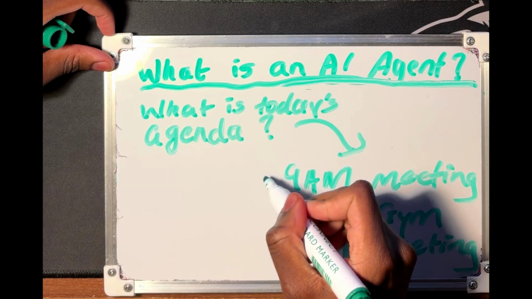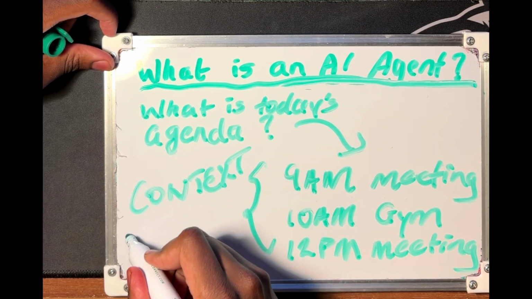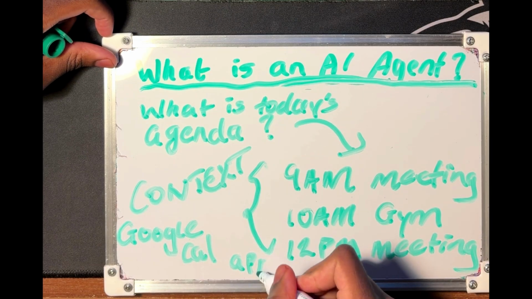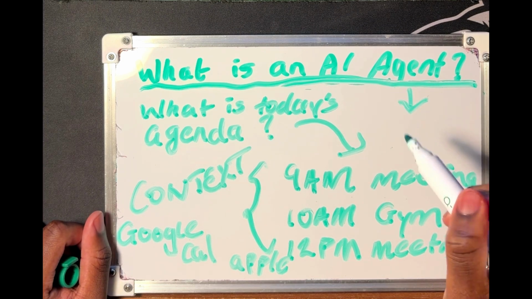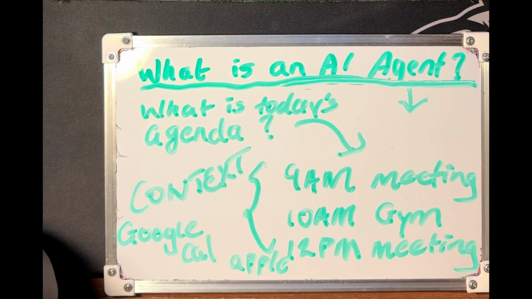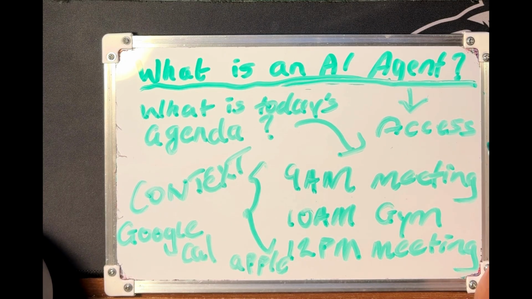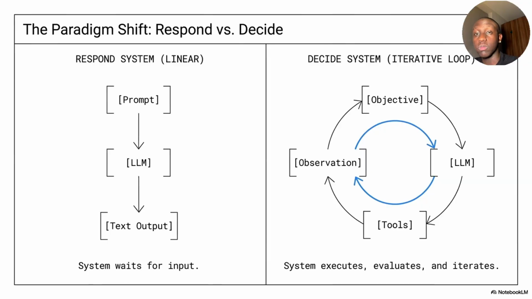Now, the difference here is, it has context because you're connected to your Google Calendar or your Apple Calendar or whatever calendar you use. So the difference with an AI agent and any normal ChatGPT conversation you'd have is that it has access. And this access gives it context. So this is AI agents.